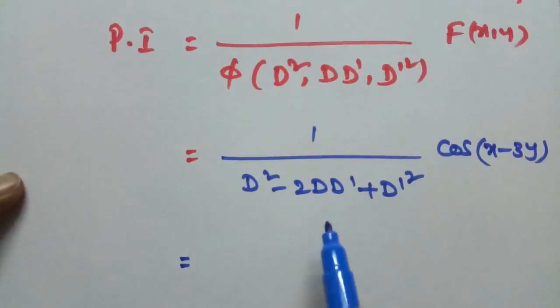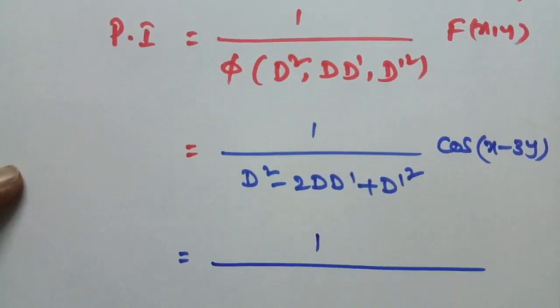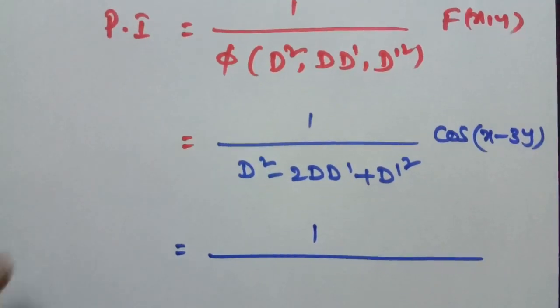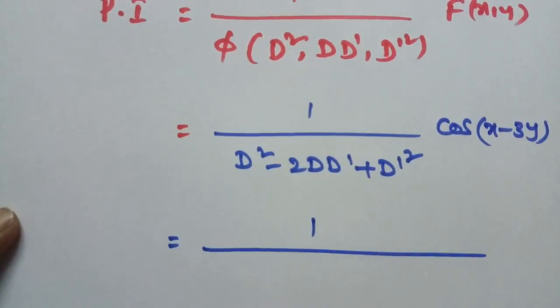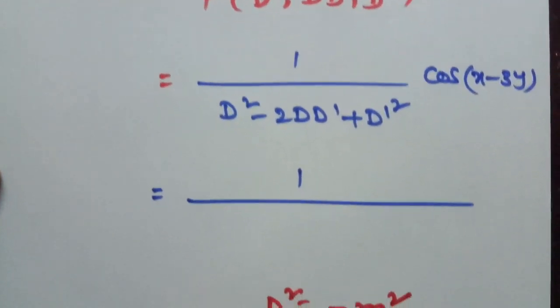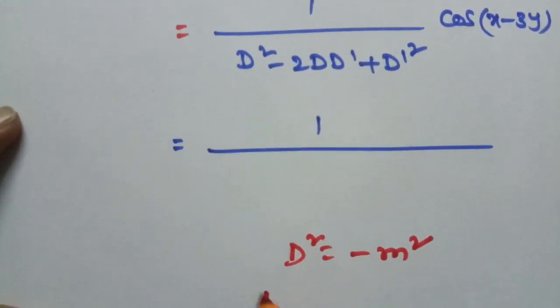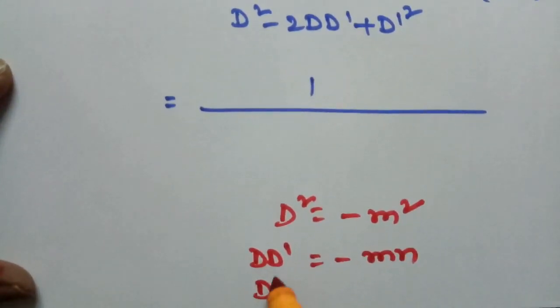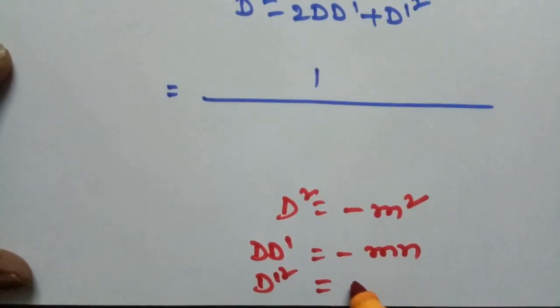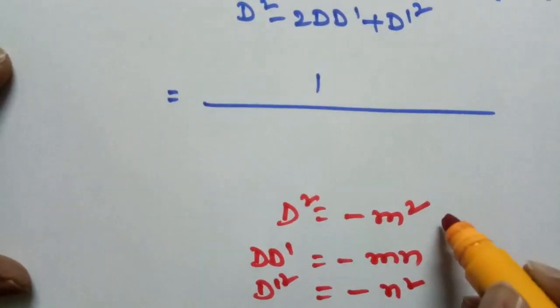This is equal to 1 by, D square is equal to minus m square. D D dash is equal to minus m into n. D dash square is equal to minus n square.